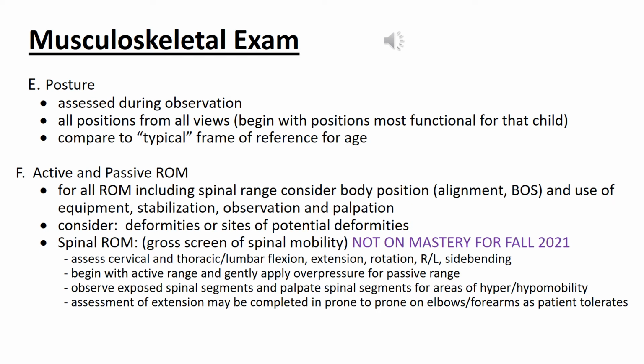An important aspect of a musculoskeletal exam is to make sure that you do a thorough postural assessment. You should begin with observation and make sure that you have areas exposed that you need to be able to have eyes on. And you want to be able to assess posture from all views, of course, maintaining the safety of the child.